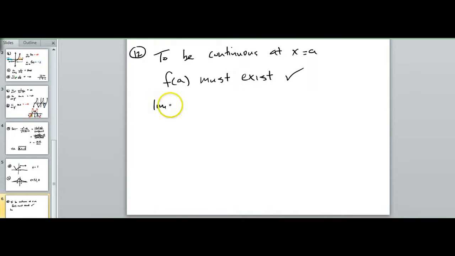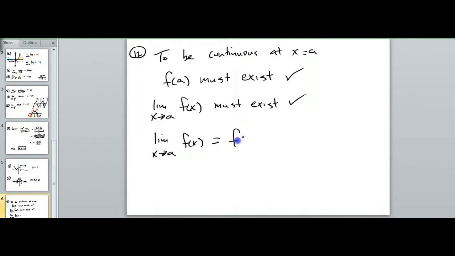The limit as x approaches a of the function must exist. Alright, that's also true here. And then the third thing that has to happen is the limit as x approaches a of f of x must equal f of a. Alright, and that's where we don't have that happen here.